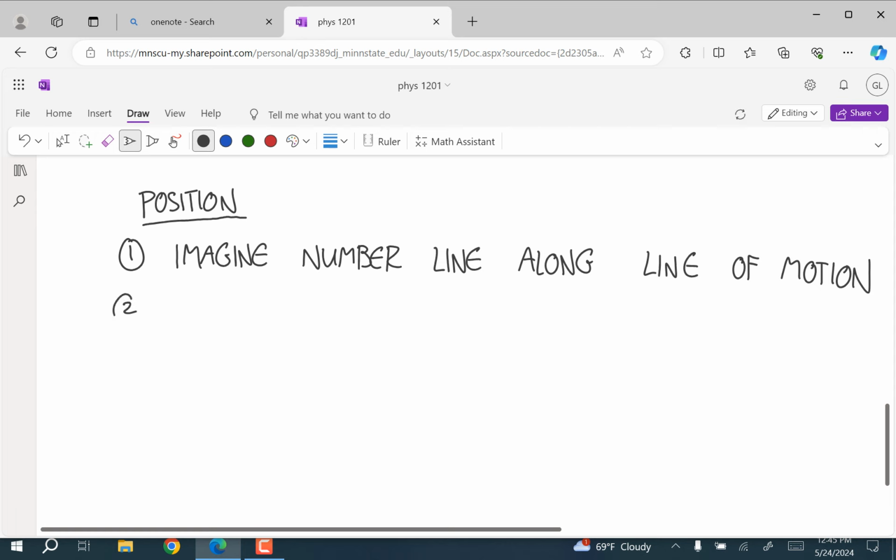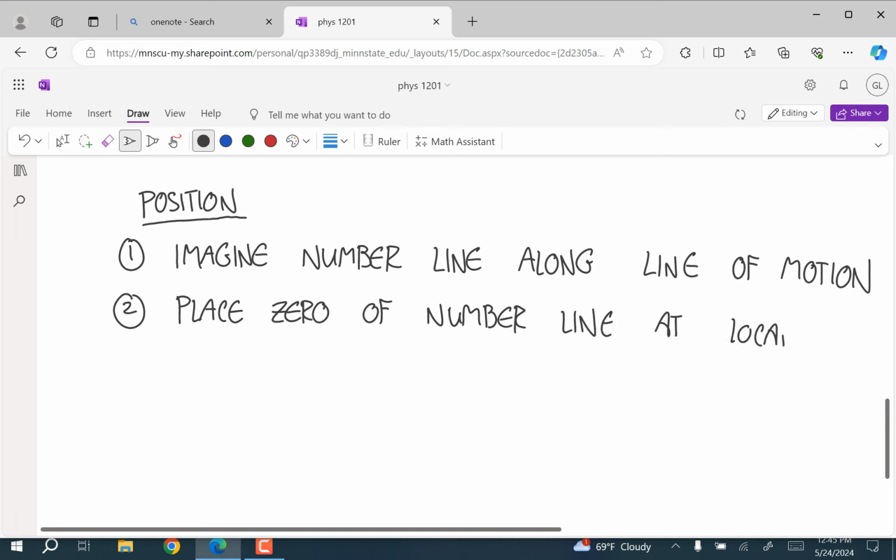And we are going to always place the zero of the number line at the location of the object when the stopwatch is turned on.